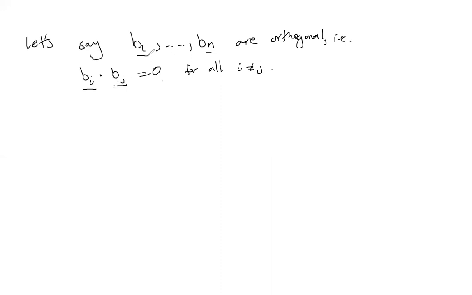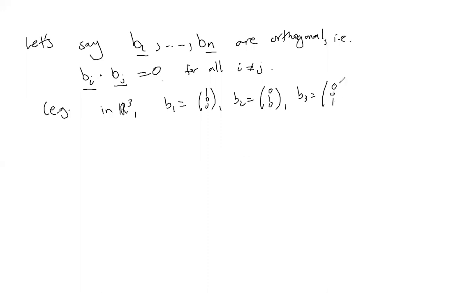So if these vectors were in R3 and we had 3 vectors, then we could do the x, y, and z axes: B1 equals (1, 0, 0), B2 equals (0, 1, 0), B3 equals (0, 0, 1). Or any 3 vectors that are perpendicular. Instead of the x, y, and z axes, you can rotate them in some way, and you still get orthogonal vectors as long as they're all perpendicular to each other.